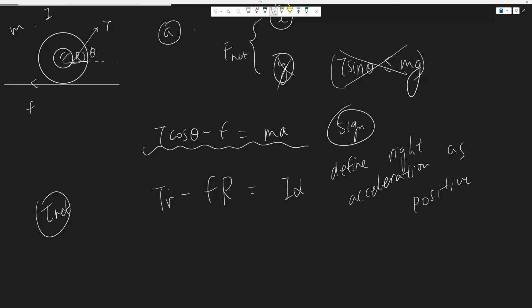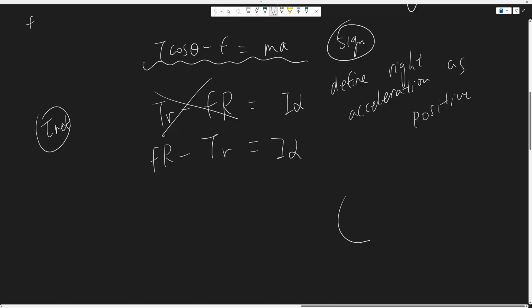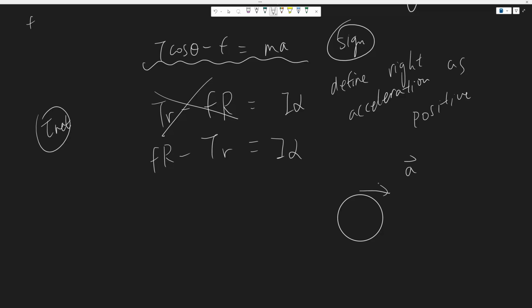And take note here, this is wrong. We need to flip the signs. It should be fR minus Tr equals to I alpha. Why? Because imagine a sphere. If we define the right direction, the linear right direction, as positive, then doesn't that mean the clockwise angular acceleration is also positive?